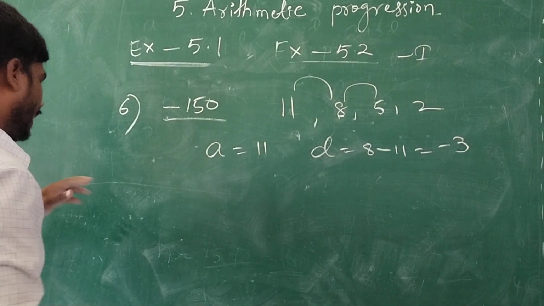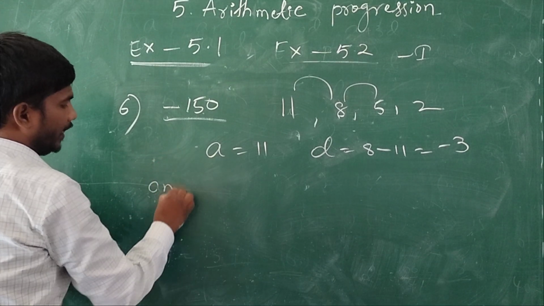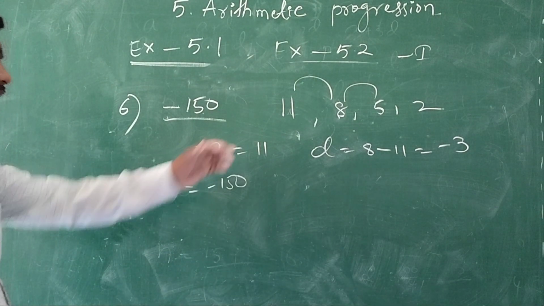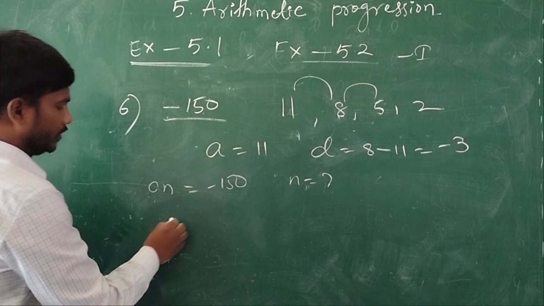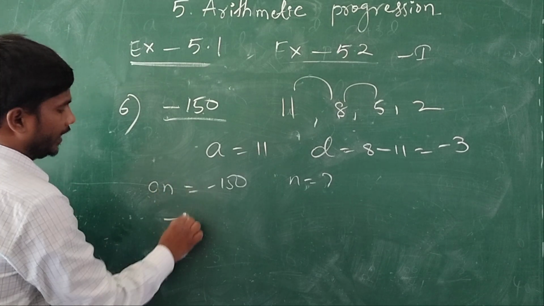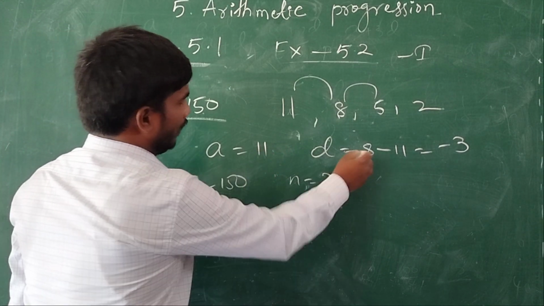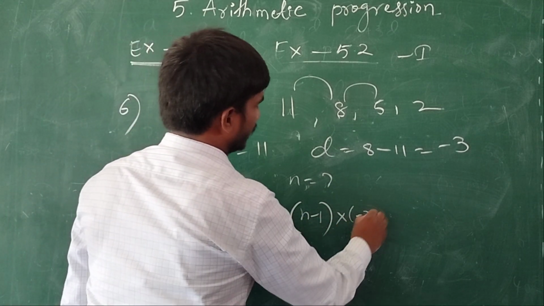So if an is minus 150 and it belongs to that AP, then we need to find the n number of terms. an value minus 150 is equal to a value 11 plus (n minus 1), n value not given, into minus 3.